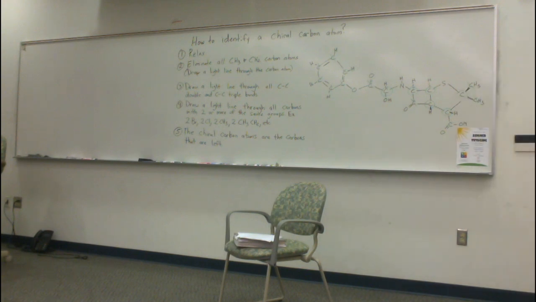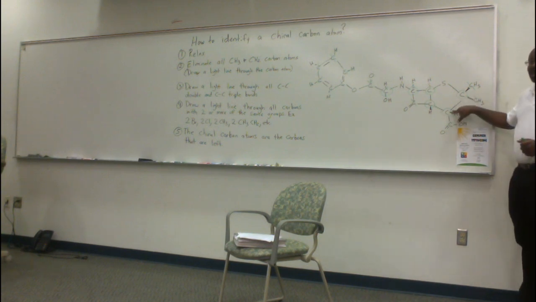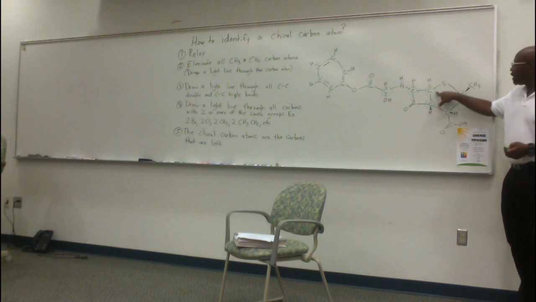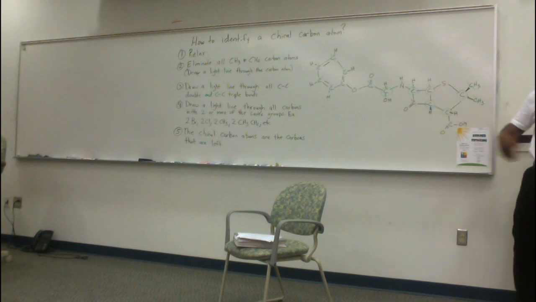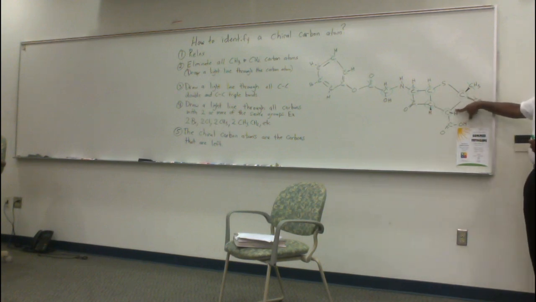Are those the same groups? This CH is attached to 2 carbons, so it's not just the CH by itself, but everything the CH is attached to. This CH is attached to an H, a carbon, and a carbon. This CH is attached to an H, an S, and a C. Are those 2 the same groups? No. What about this carbon atom? Does it have 2 of the same groups?